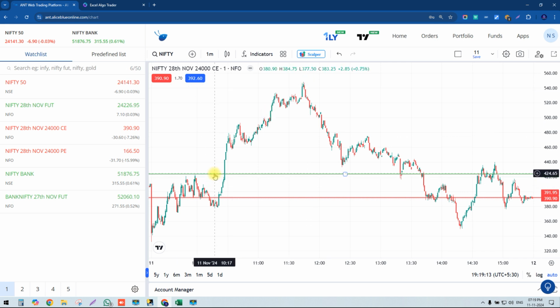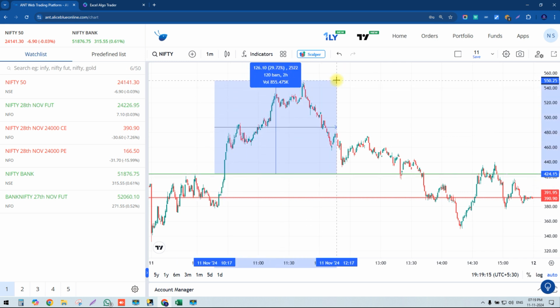Let's see how many points it went up. It reached almost 125 points from our buy level. This is our buy level, and this is our sell level. Again here a small minor buy level, but just wait and watch till the end. I want to tell you the secret of the secrets of this market. Okay guys, we'll wait and watch.